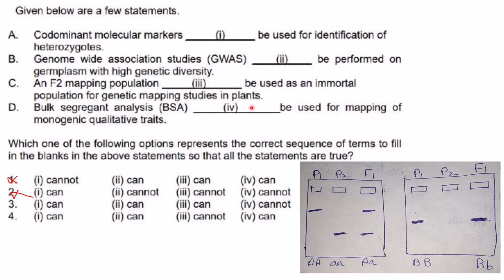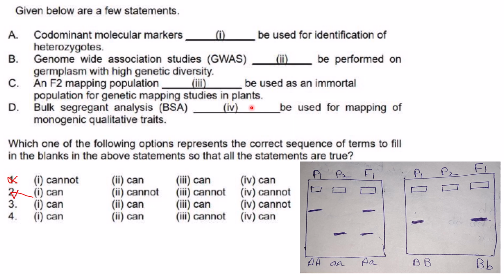You create lines with a fixed genotype, and this fixed genotype can be maintained for long-term studies or breeding studies. That is how you develop the immortal lines.